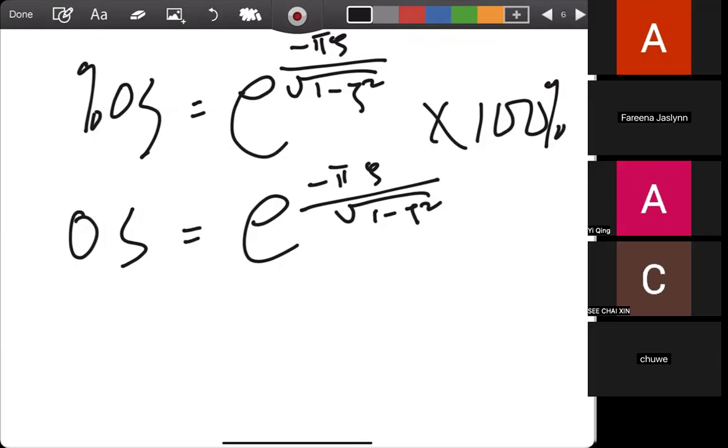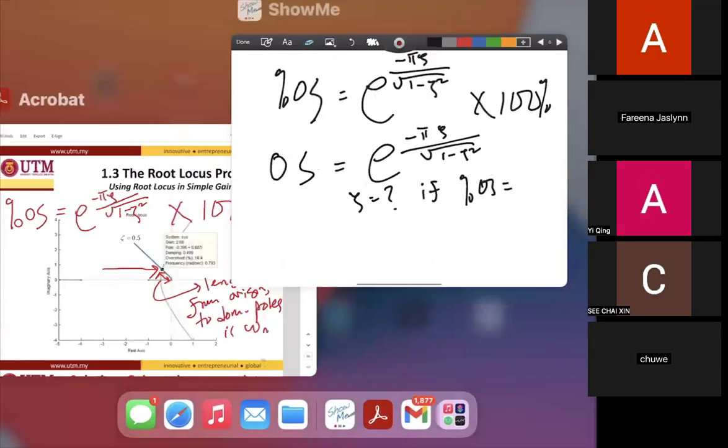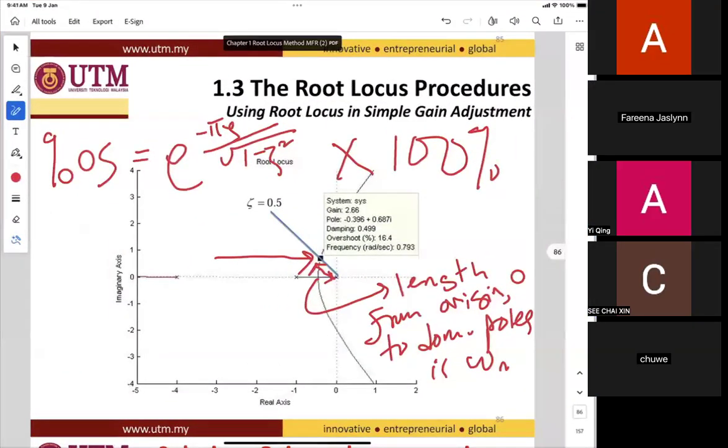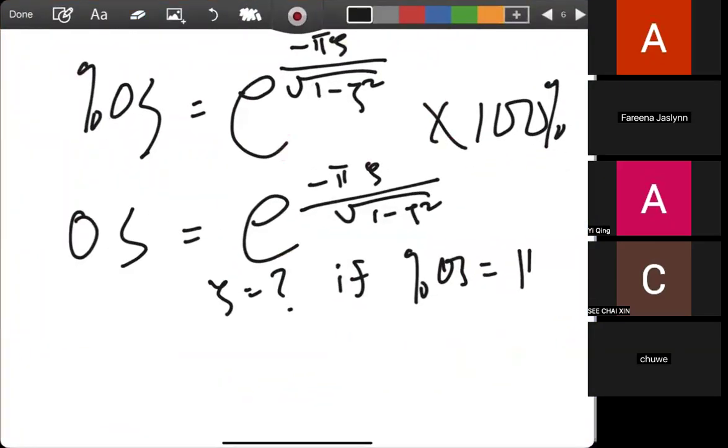So how to find zeta if overshoot is 16.4, using the formula?